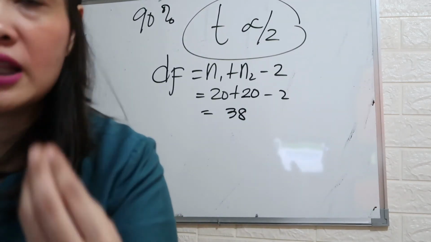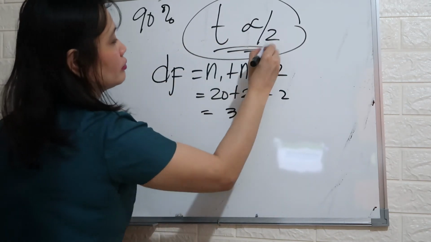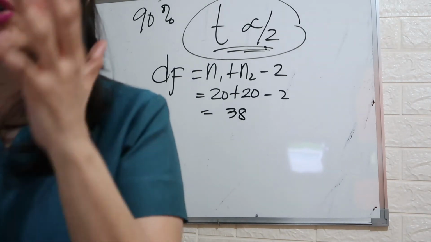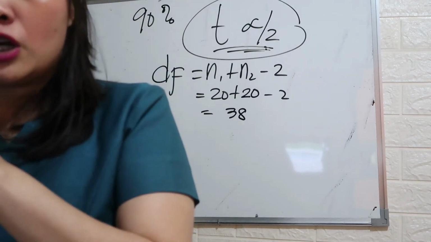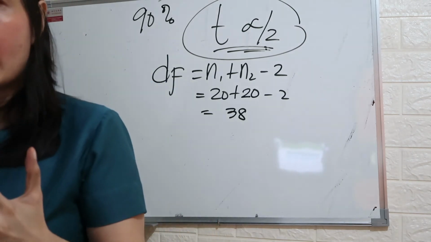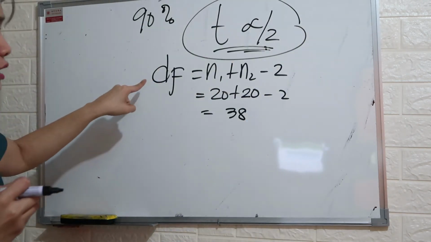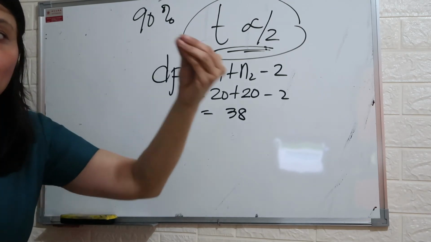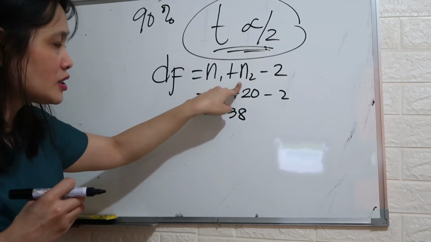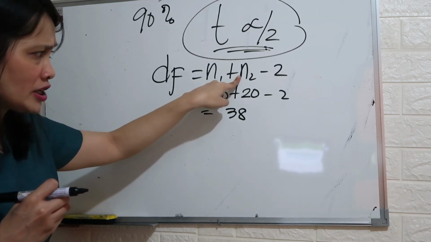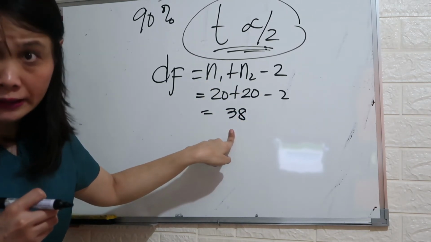We need to determine the T alpha before we proceed to the margin of error, so kailangan muna identify si T alpha. To identify it, we need the degree of freedom: N sub 1 plus N sub 2 minus 2. The first sample size is 20, the second is 20, minus 2, so you do have 38.